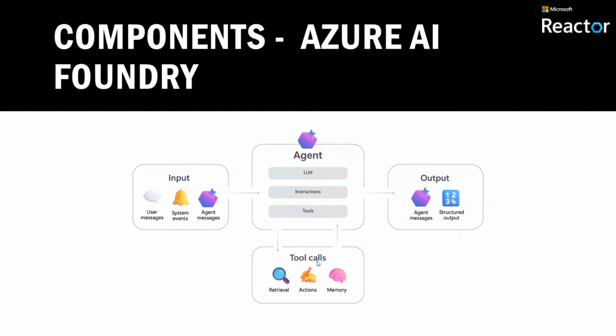So assume the agent is filled with these three main things, and from there it gives you the result. The input can be in the format of the agent itself, system events, or user messages. That's where the difference lies.